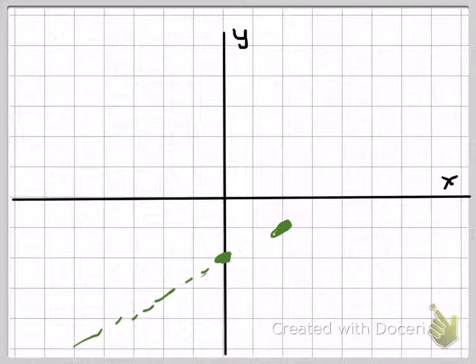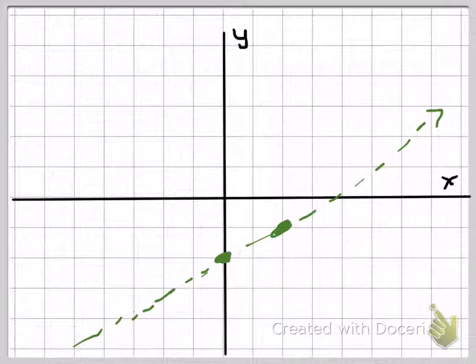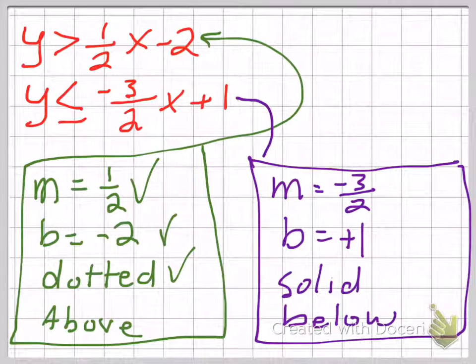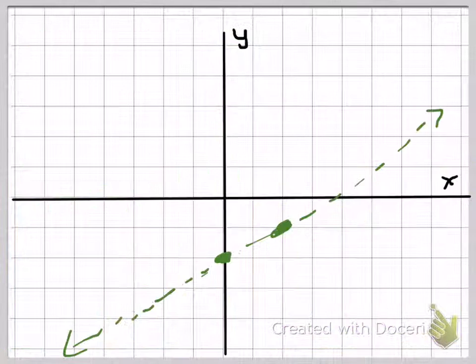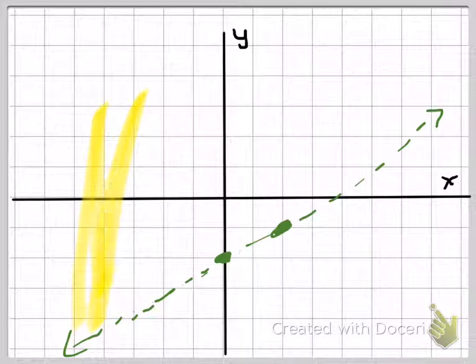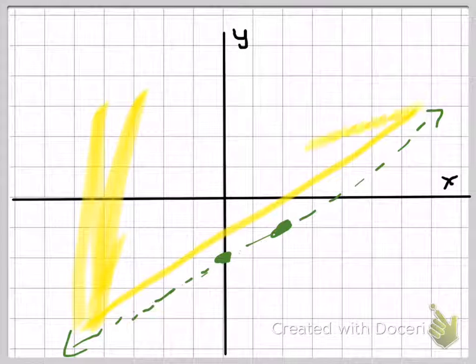It's hard to really draw with your fingers, so let's just go dashed. And it's shaded above. So I'm going to use a yellow highlighter and shade above as best as I can.